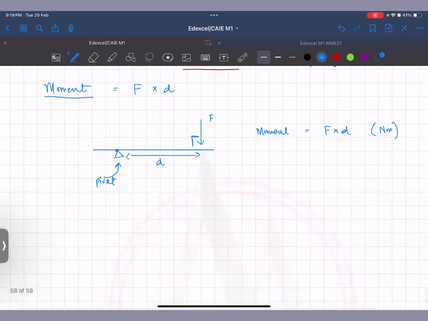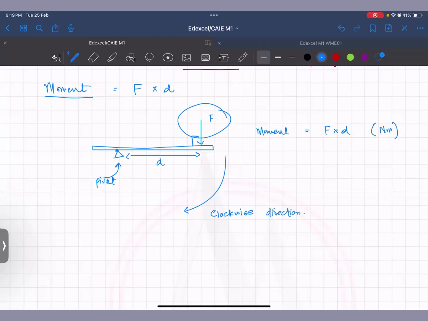Moment would be generated, and this would be F into D, and the units are Newton meter. And there is a direction as well. So this force would right now produce a moment which would turn this plank clockwise. So first of all, this direction is also important.